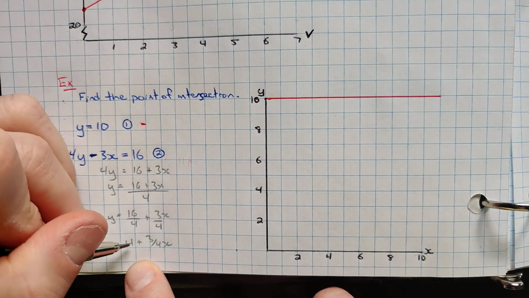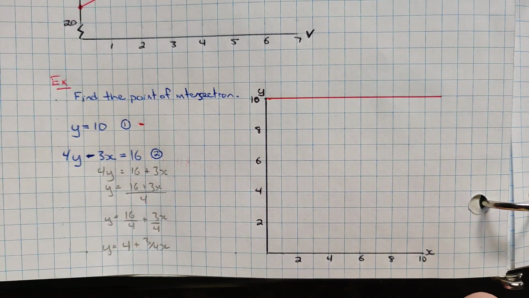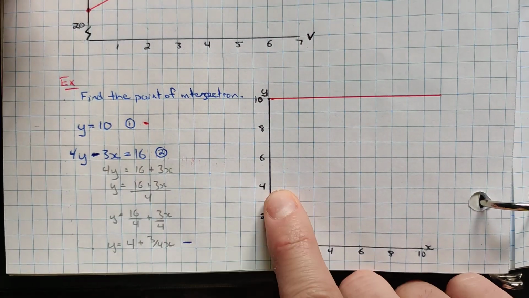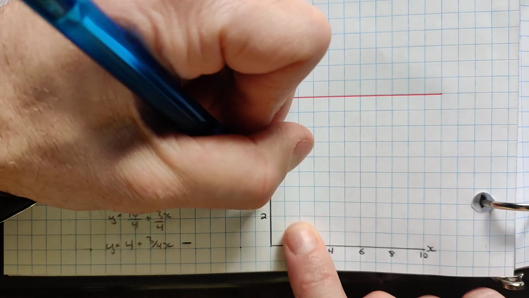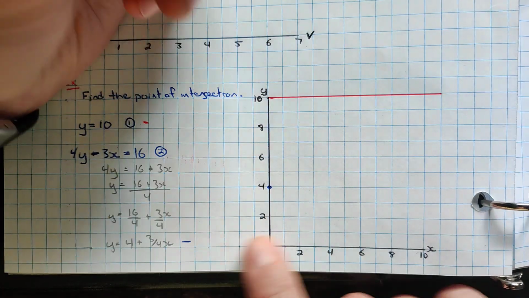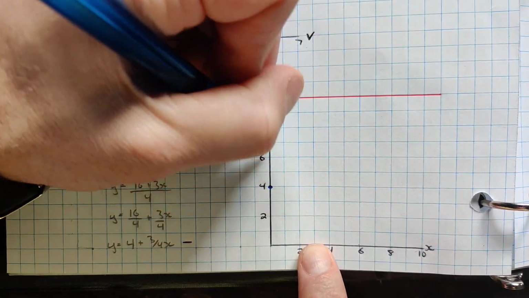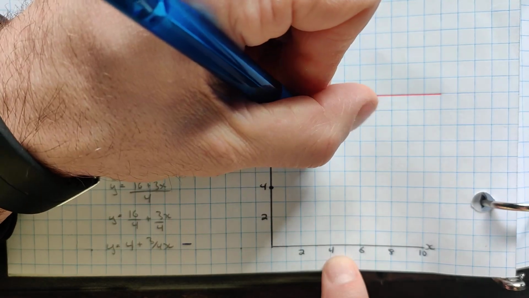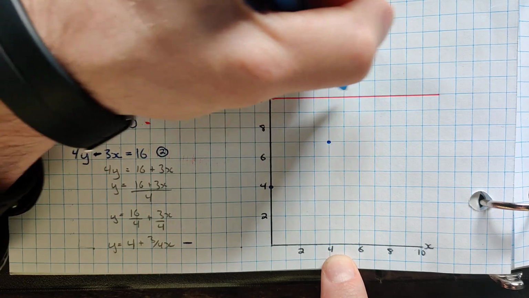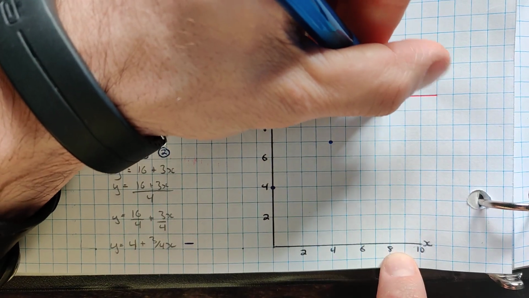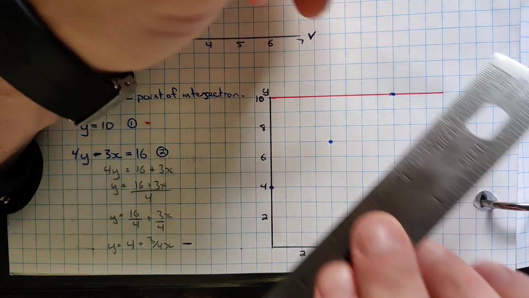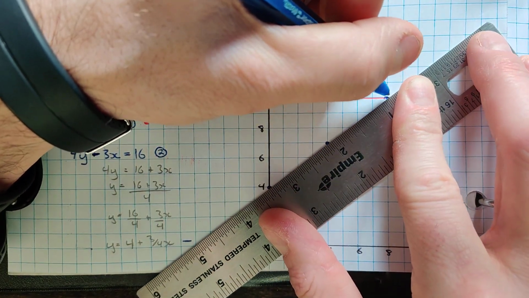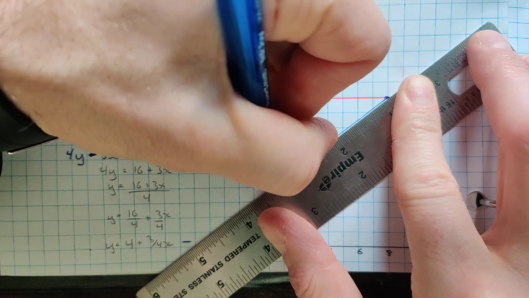So now I have a slope y-intercept form. I can graph that pretty easy. I'll do that one in the blue. So go here, start at 4. And now my rise over run is 3 over 4, so I'm going up 1, 2, 3, over 1, 2, 3, 4, up 1, 2, 3, over 4, and that's all I'm going to fit on my graph, but that's perfect because that gives me a point of intersection at that line.